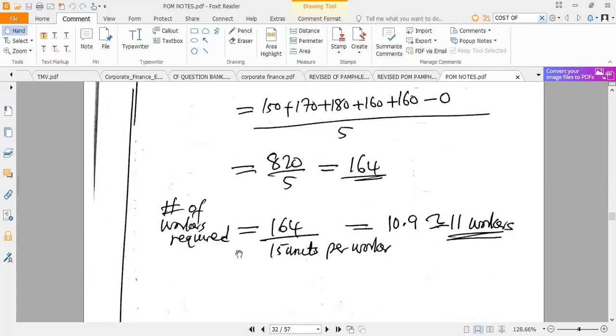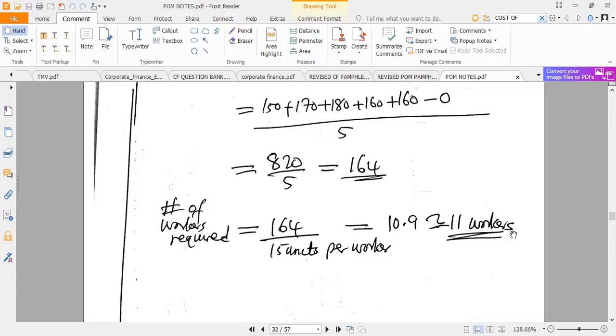We are going to say the required number of workers is equal to 164 divided by 15, which is 10.9 workers, approximately 11 workers. So these are the number of workers that we are going to maintain, because with level production we're looking at the overall production for the period.